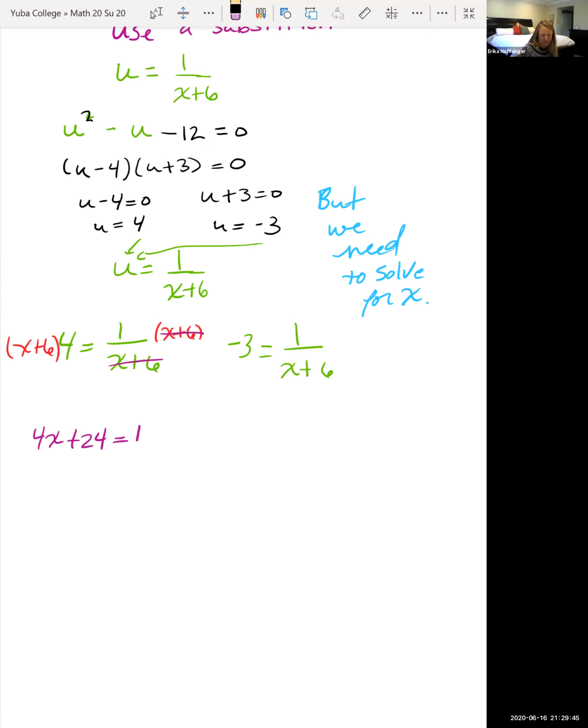I need to get x by itself. So subtract 24 on both sides. I get 4x equals negative 23. Get rid of the 4 in front of the x, divide both sides by 4, I get x equals negative 23/4.